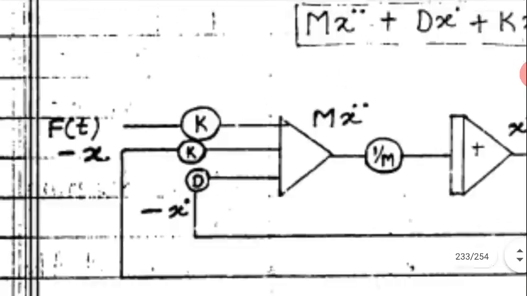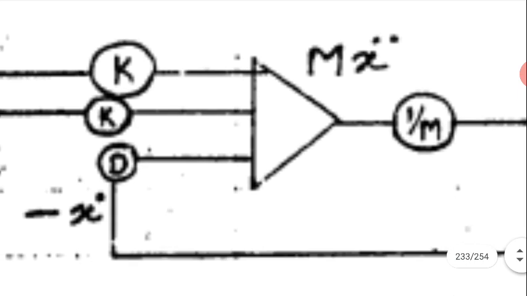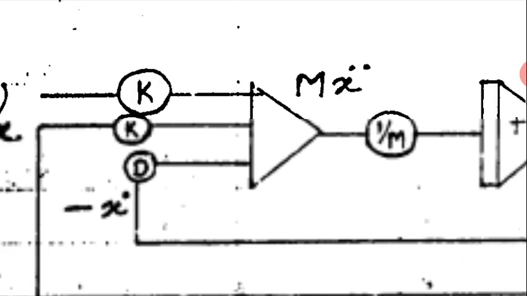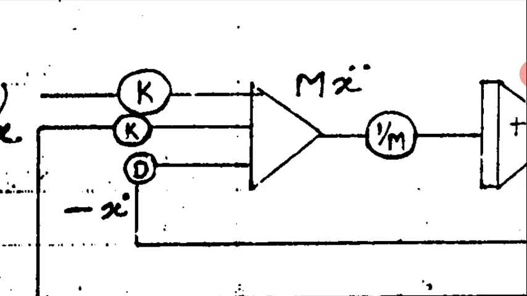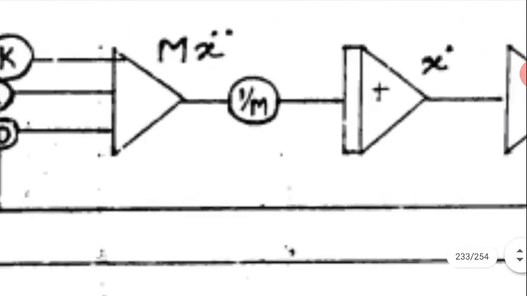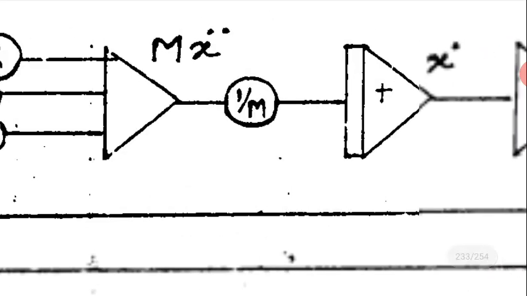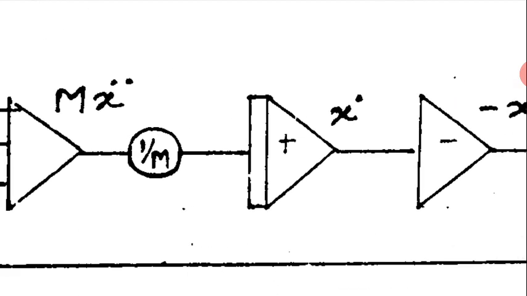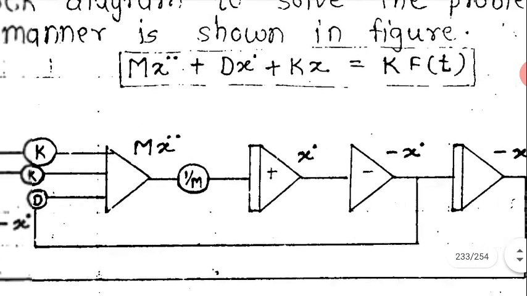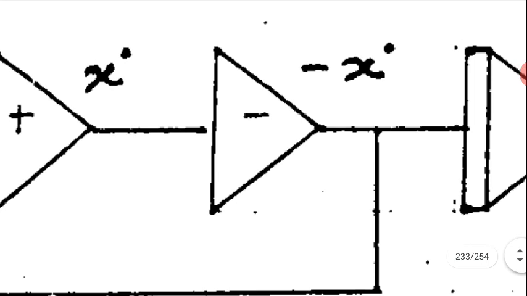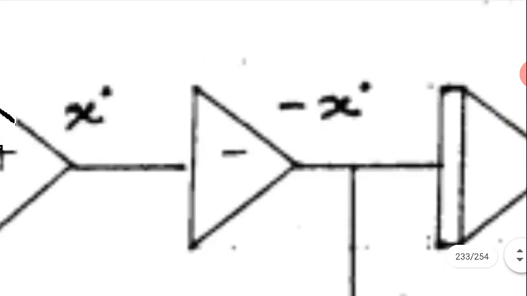This one is the summer, that is m x double dot, which is adding k and D variables. Now here it is multiplied with the multiplication factor 1 by m, and this is the integrator with x dot, and this is the sign changer.